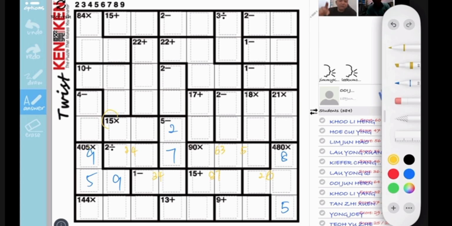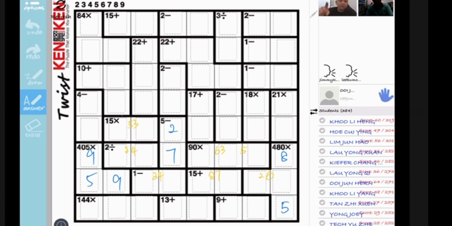And then for the 15 multiple, it can only be 5 and 3. And for the 21 multiple, it can be 7 and 3, but we have a 3 for the 15 multiple there. So here must be 7, here must be 3.